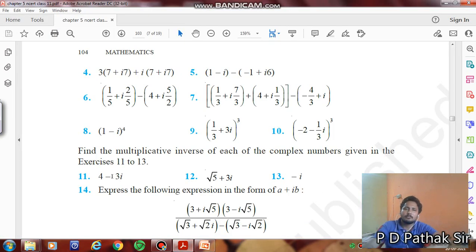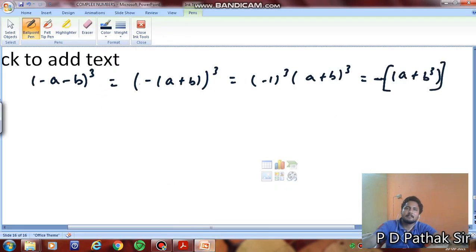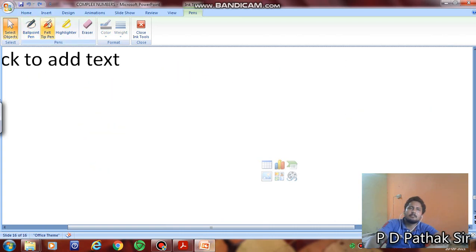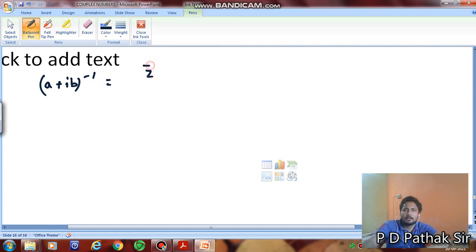In question number 11, you have to find the multiplicative inverse. The multiplicative inverse of a plus iota b is z bar upon z, meaning a minus iota b upon a square plus b square.